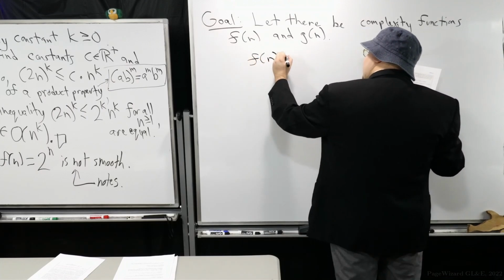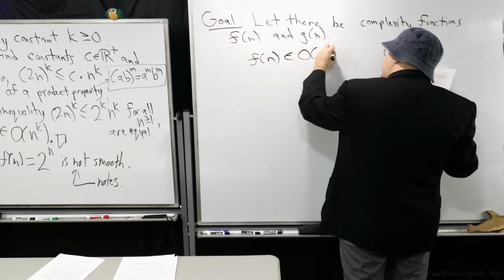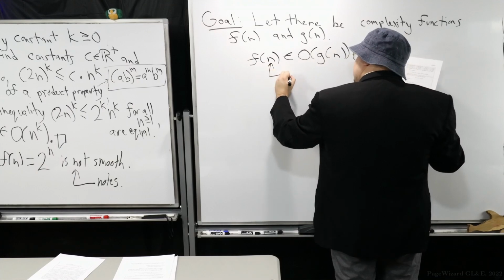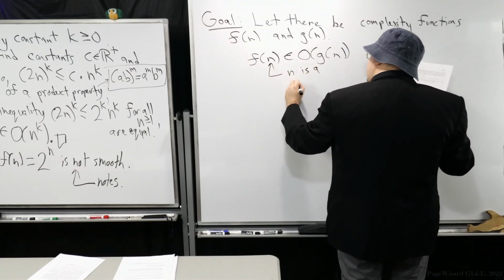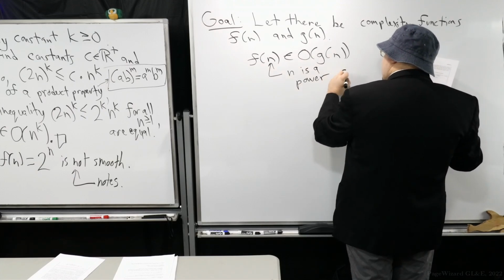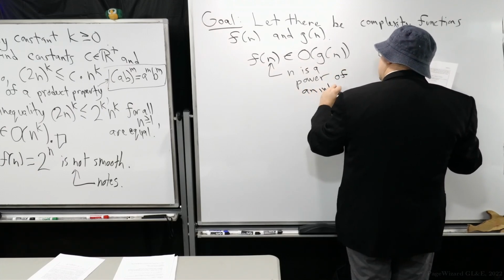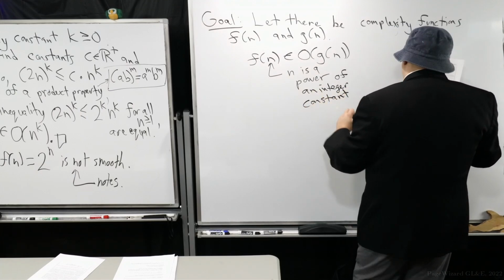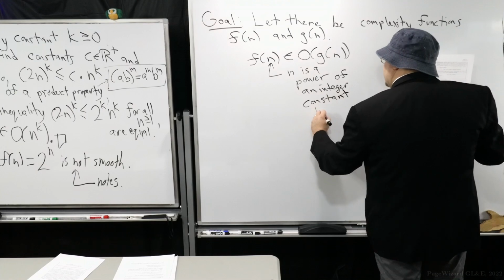Suppose I have f is big O of g, but it's the case that n is a power of an integer constant b greater or equal to 2.